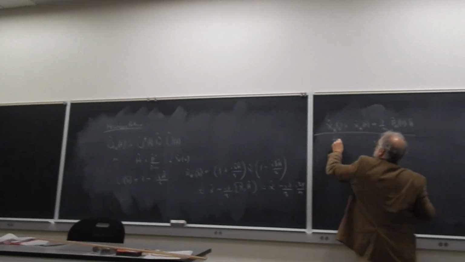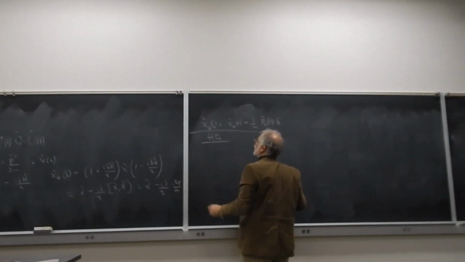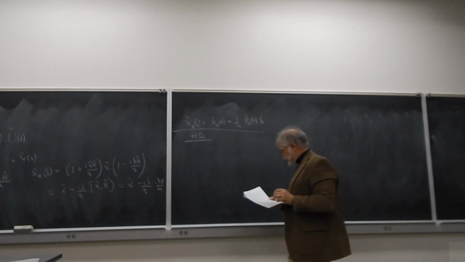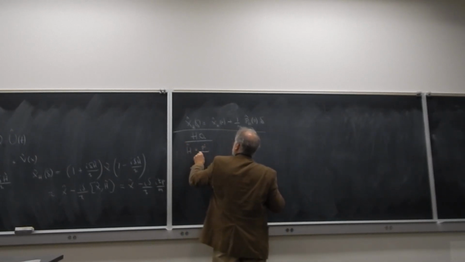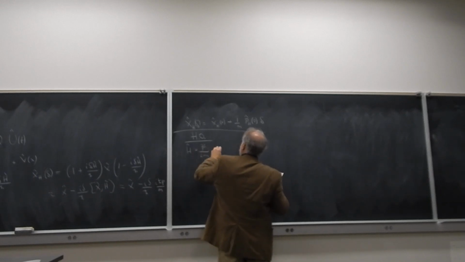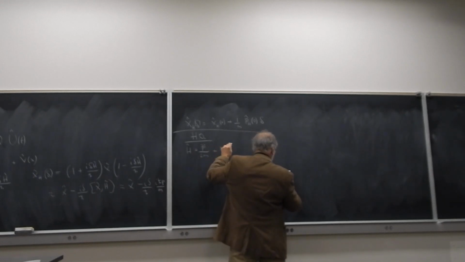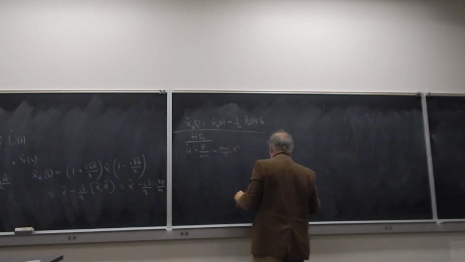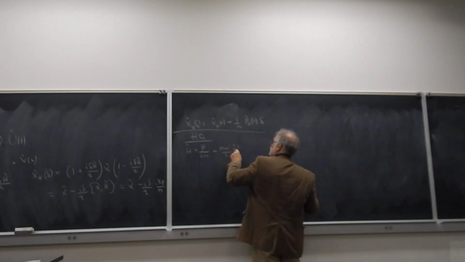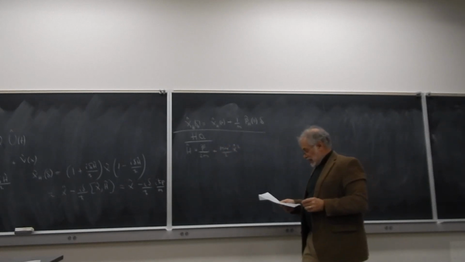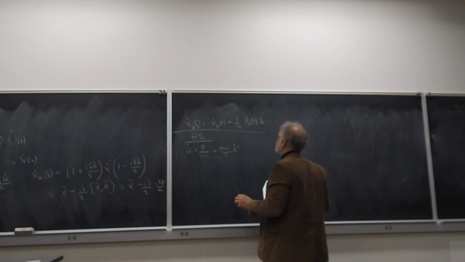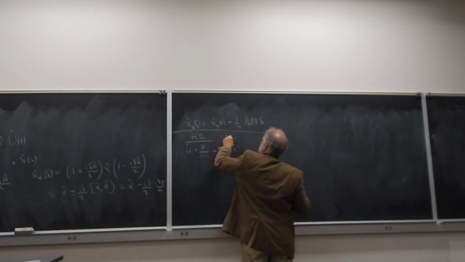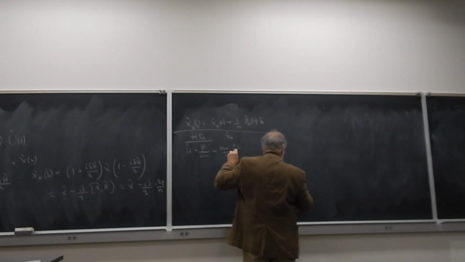As an example of this, let's apply it to the one-dimensional harmonic oscillator. In that case, H is equal to p squared over 2m plus m omega squared over 2 times x squared. Let's find the position operator in the Heisenberg picture, so we want x_H at time t.